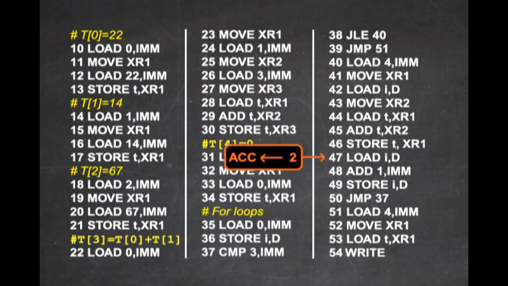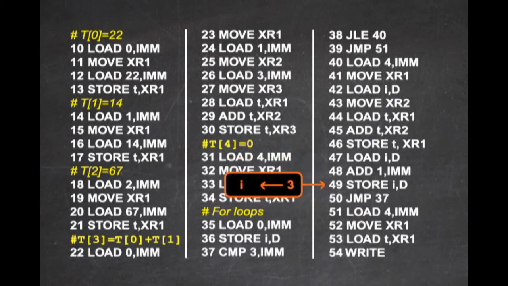Accumulator is loaded by 2. Accumulator is loaded by 3. The loop variable named I is instantiated to 3. The next operation to be run is located at 37th memory address.